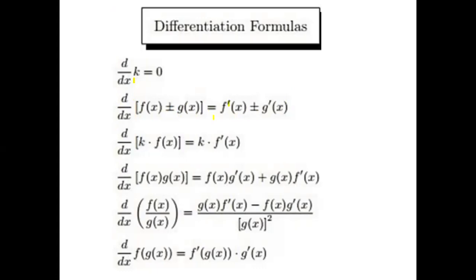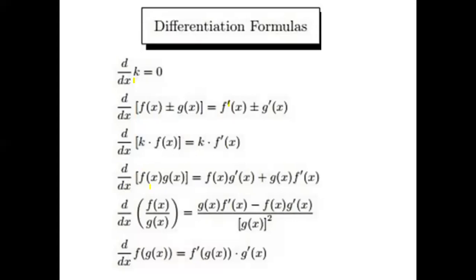So derivative gets separated with addition and subtraction. Next, k is a multiplier, a constant term. So derivative of k into some function, that k comes out as it is, and derivative of f of x is there. That is, we write f dash. K comes out as a constant.